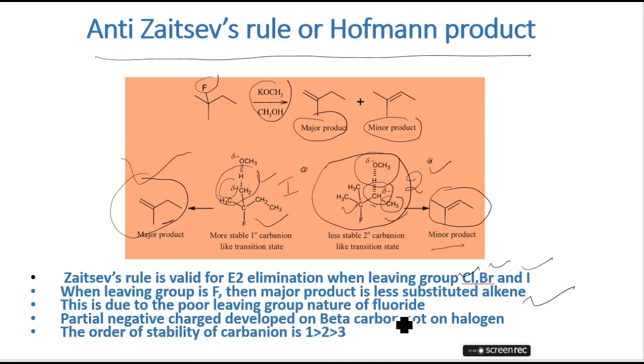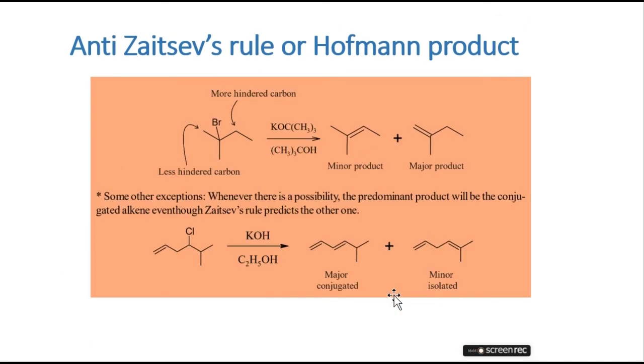This is due to the poor leaving group nature of fluoride, second, the partial negative charge developed on the beta carbon, not on the halogen, and the last reason is the stability of the carbanion formation.